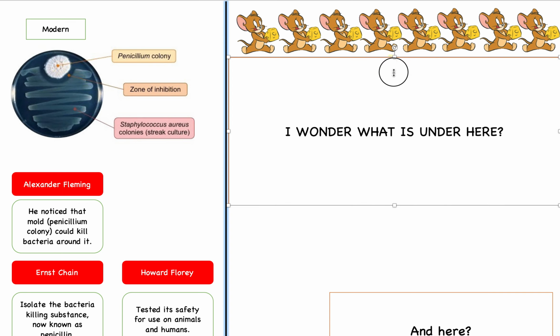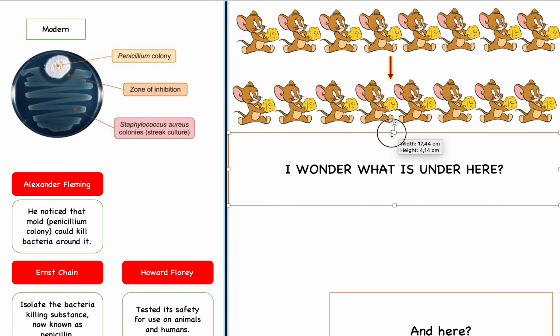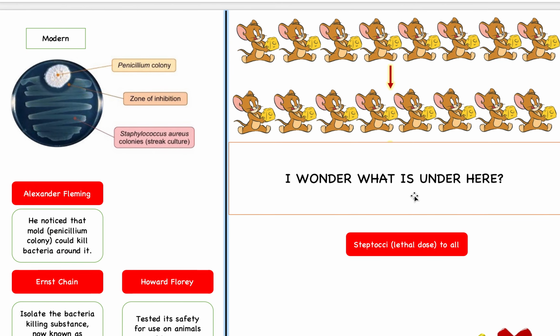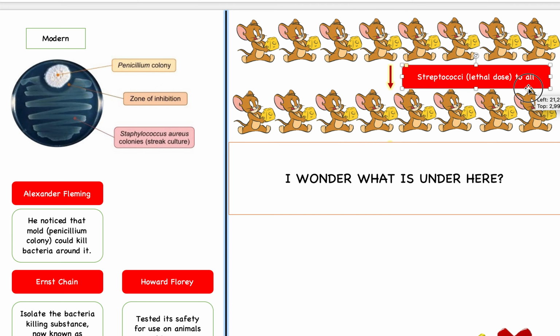Then he infected these mice with a deadly bacteria. You don't have to know the name, just know that he injected them with a deadly bacteria called streptococci, a lethal dose, meaning it can kill them. So basically, at this point, all of the 8 mice had this bacteria.